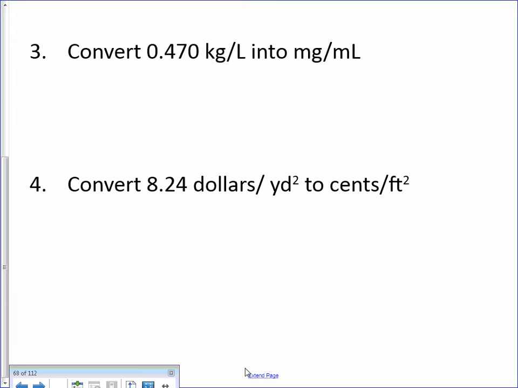D4, because it's got new units here and a squared unit here. Complex ones require you to look at only the numerator and then only the denominator separately. So let's do number 4, $824 per yard squared.